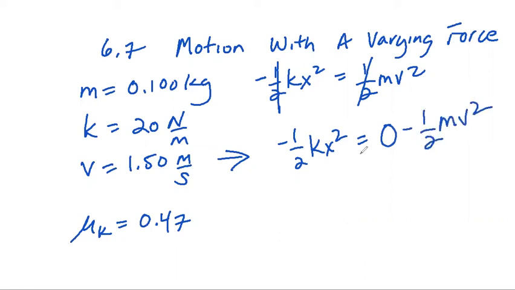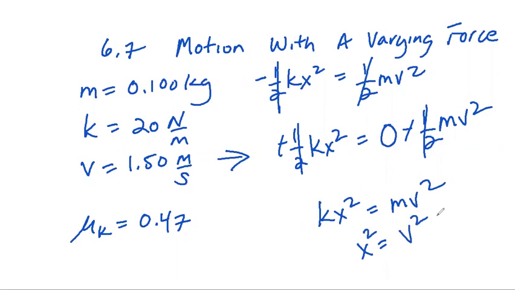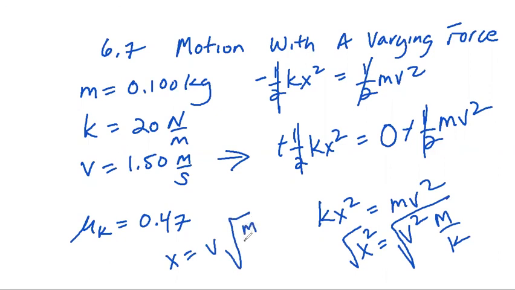So I can take the halves off. Now we've got kx squared equals mv squared. What am I solving for? I'm solving for x. So x squared equals v squared m over k, and I'll take the square root of both sides. I'll get x equals v square root of m over k.